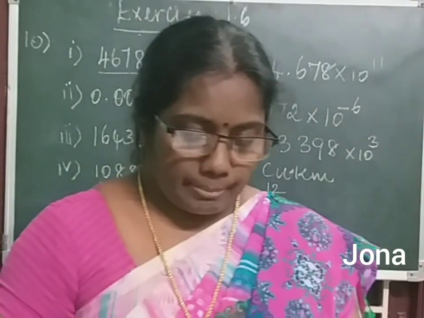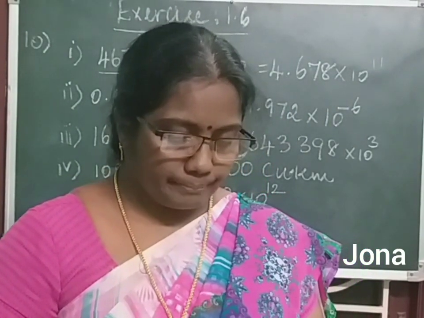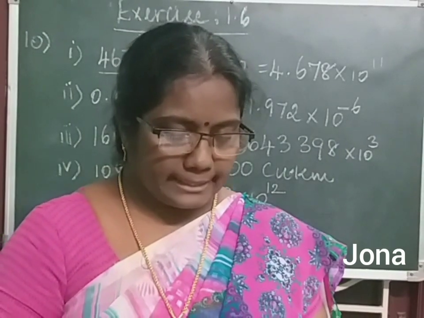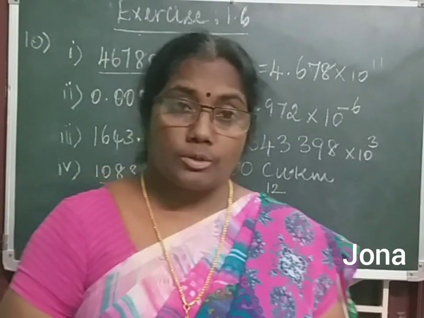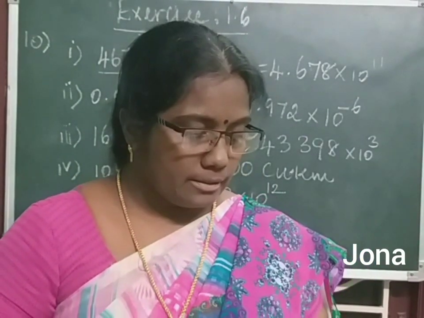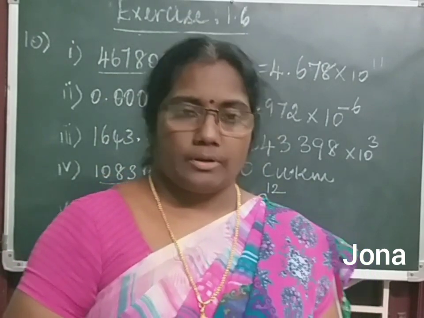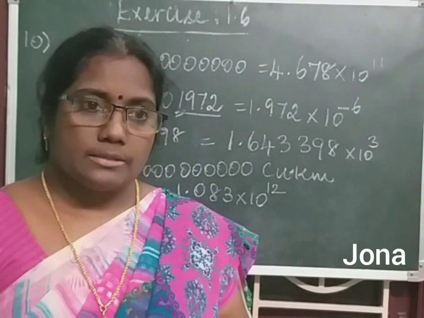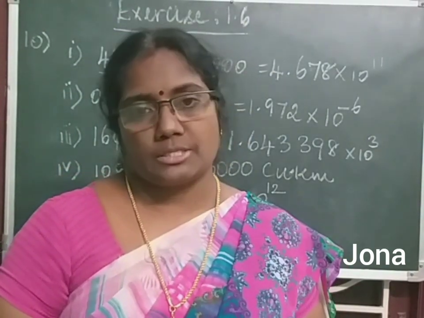If you fill a bucket with dirt, the portion of the whole earth that is the bucket will be 0.00000, like 23 zeros are there, and then 16. Okay, that can be written as, so after the 24th place only the number starts.